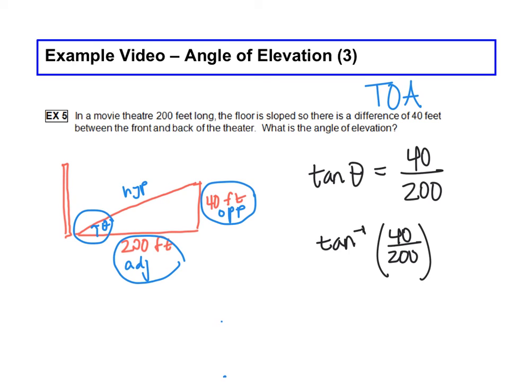So on your calculator, you do second tangent, and in those parentheses, 40 divided by 200, and we get theta is equal to 11.3 degrees.